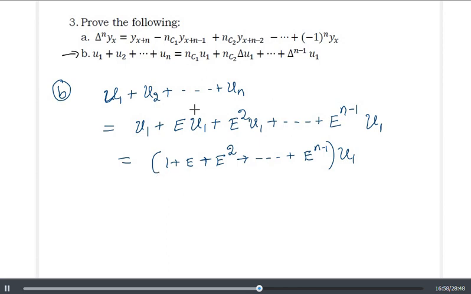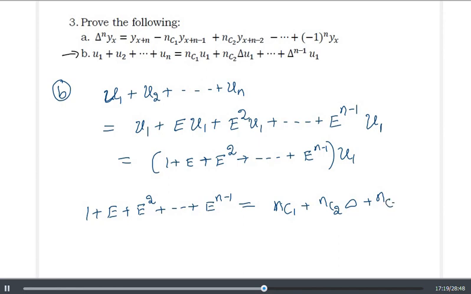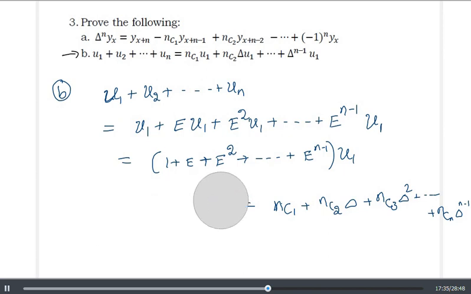It is enough to prove that 1 plus e plus e square plus and so on plus e power n minus 1 equals n choose 1 plus n choose 2 into delta plus n choose 3 into delta square plus and so on plus n choose n into delta power n minus 1. So it is enough to prove this relation.